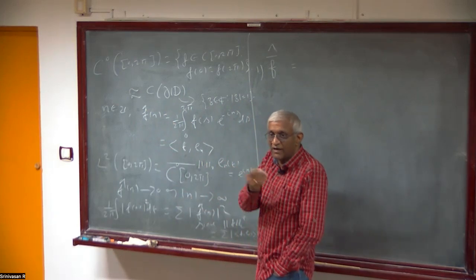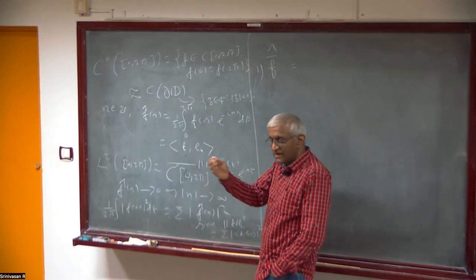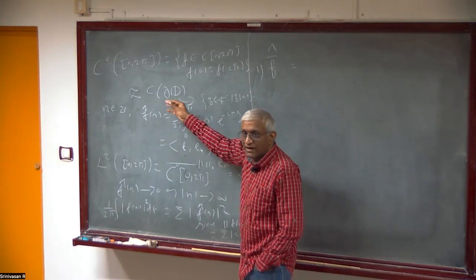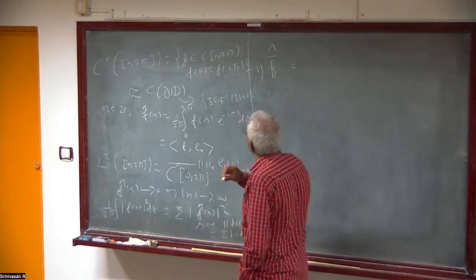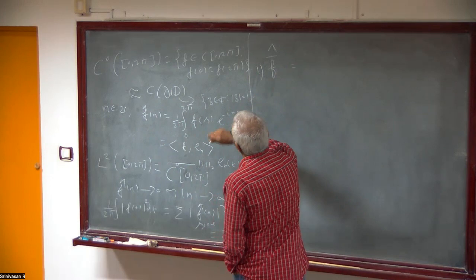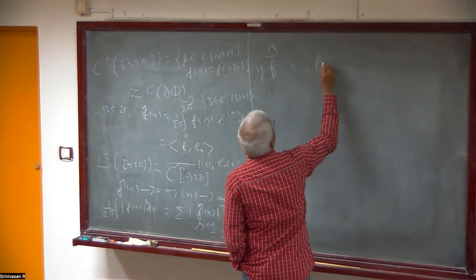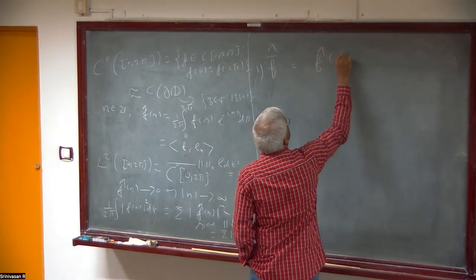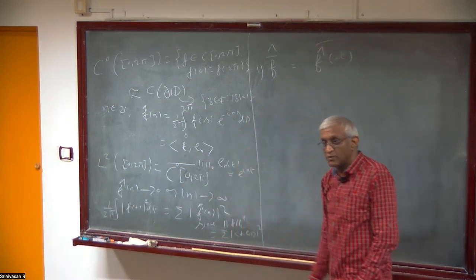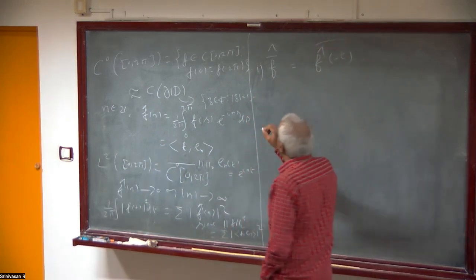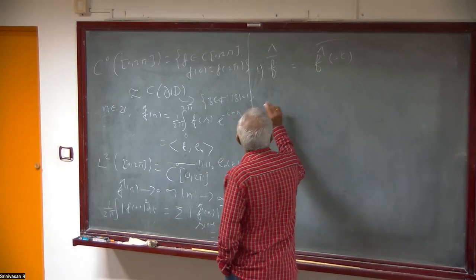Conjugation is a continuous function and linear, so you can take it out. Because of all this, you get that this is equal to f hat at minus n, bar. You can prove that, and then there are many other properties.